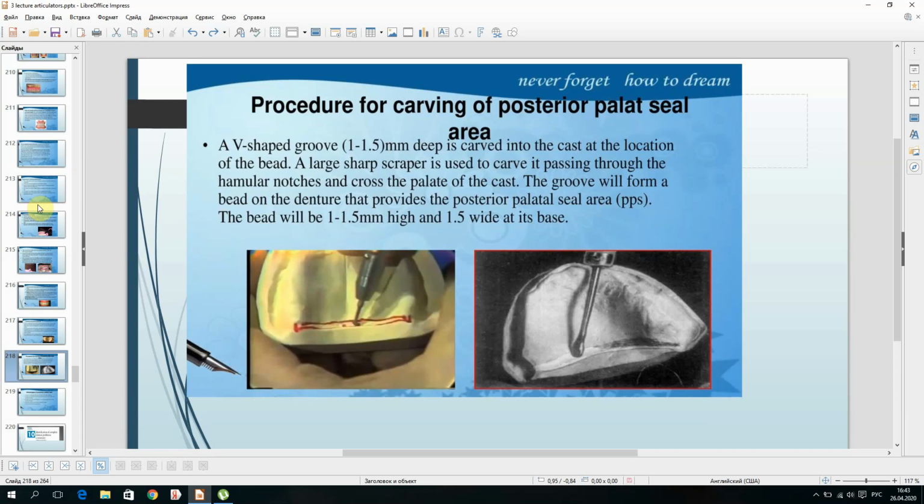A large sharp scraper is used to carve it, passing through the hamular notch and across the palate of the cast. The groove will form a bead on the denture that provides the posterior palatal seal area. The bead will be 1.5 mm high and 1.5 mm wide at its base.